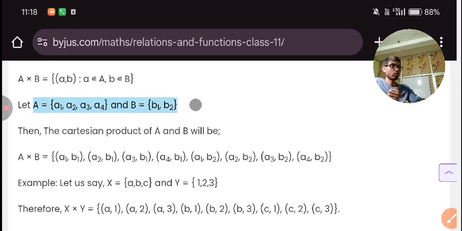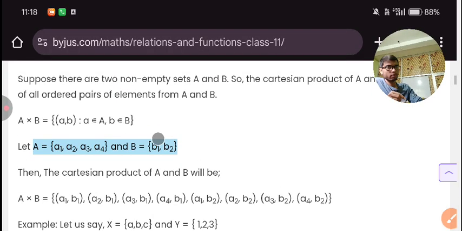We have to convert this into a Cartesian product. So how will we do it? Just multiply this A by this. Here this is x, so this would be y. So here we will write a1 comma b1, a2 comma b2.